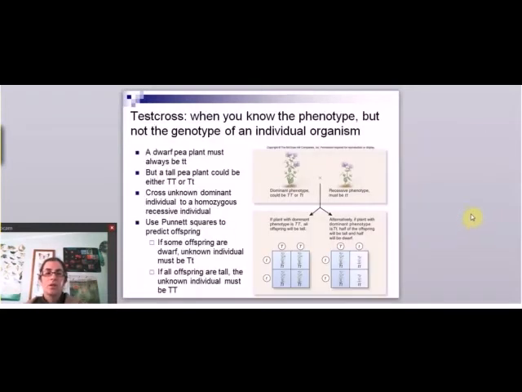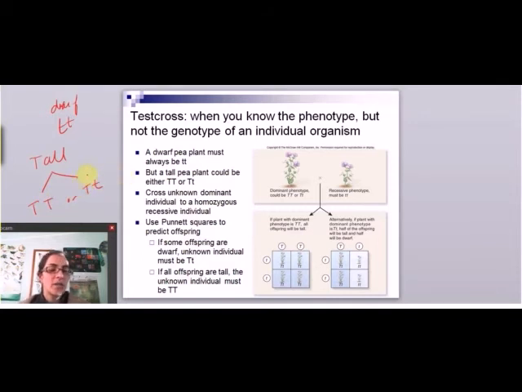So another kind of cross is called a test cross. And this has to do with something we were just talking about. When you know that an organism is recessive, you know that it must be homozygous. So if a flower is dwarf, it must be little t little t. But if it's tall, and that's all you know about it, it could be big T big T or big T little t.